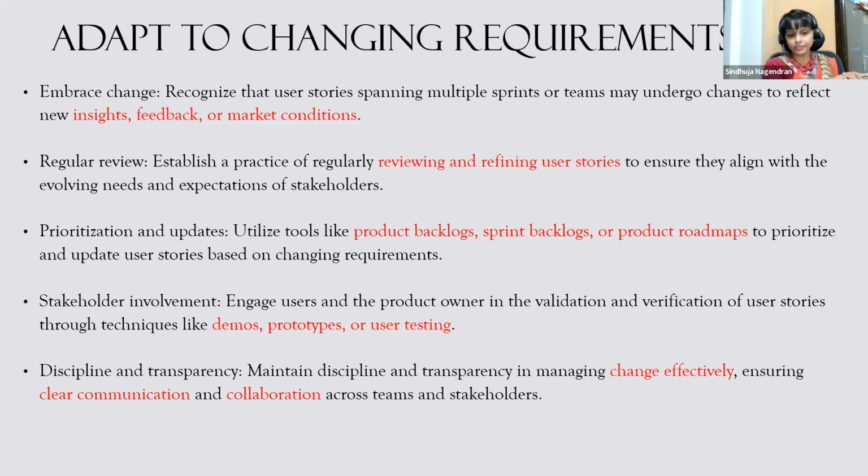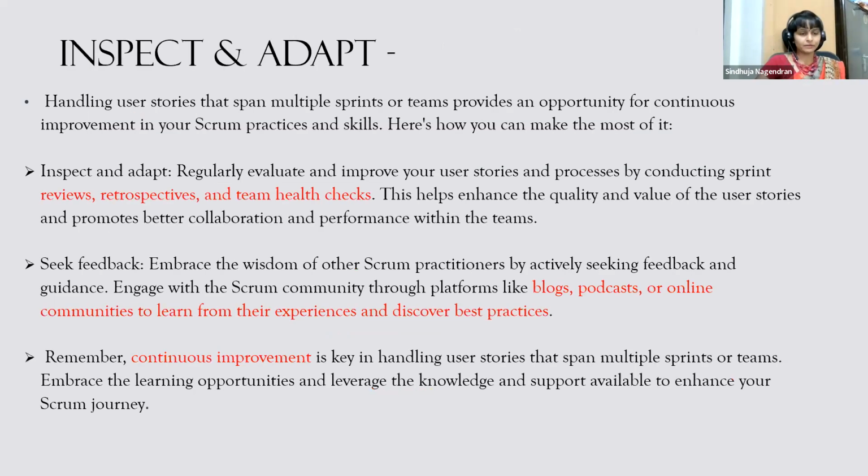So clear communication and collaboration, discipline and transparency, one of the empirical pillars of scrum, transparency. So keep it very transparent and make the changes effectively, communicate with the team and collaborate, which will really help you to have the proper user story where we can work in a single sprint.